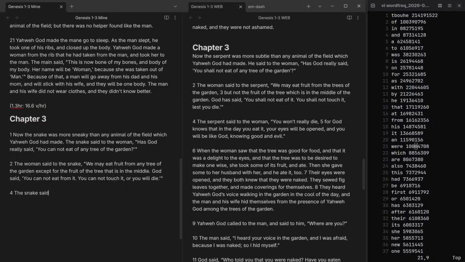So the snake said to the woman, you know, this kind of language is going to be really relatable. This kind of story, I think, is really relatable to a kid, because your parents said that, but you're not really going to get hurt. You will not really die.